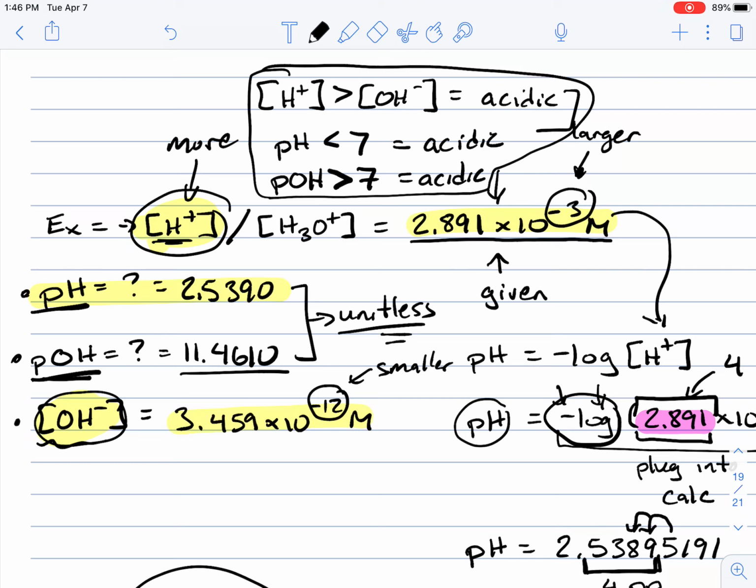And all three of these derivations, for lack of a better term, are all pointing toward one specific item, such that this solution is acidic. It doesn't matter which of these you guys use, it's telling us that the solution is acidic.